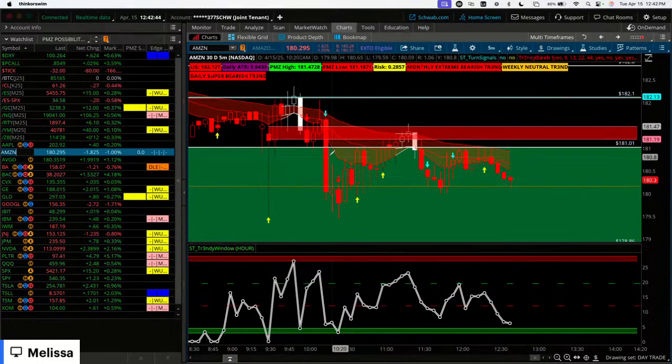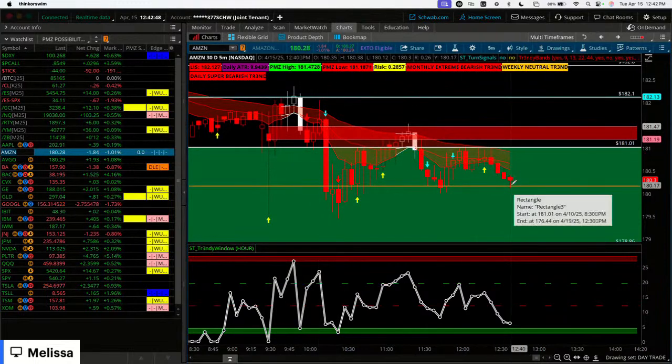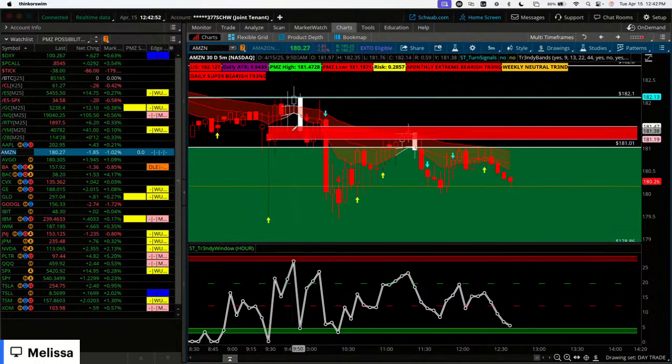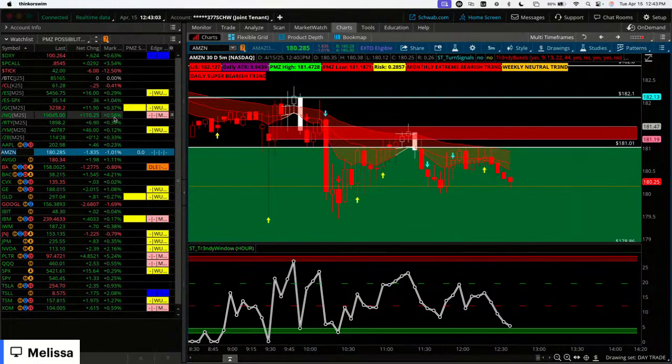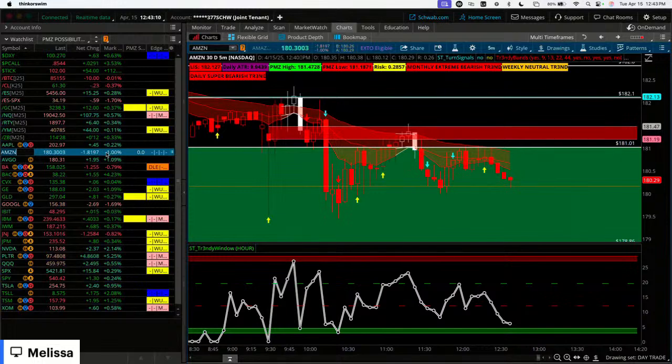Amazon would not be a good example because it's in a green zone, not where I like to short something, but just so I make that perfectly clear, I will also look for underperformers, especially if the market is bearish whenever I wake up and it's pre-market, or if it's kind of neutral, more flat. I like to have at least one bearish type name on my watch list.